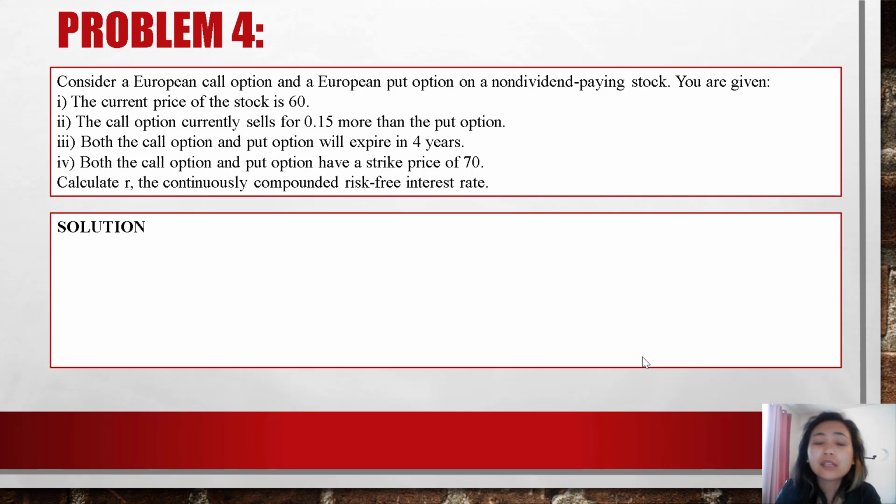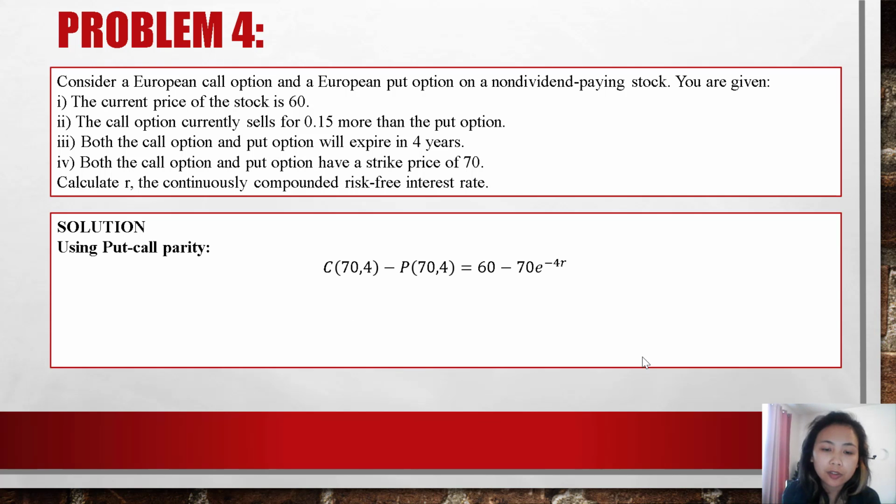So again, basically the section is all about put call parity. So using put call parity, we got C(70,4) minus P(70,4). That is the difference between the price of a call option and the put option with the same strike 70 and duration 4 years. This difference is equal to the current stock price 60 minus the present value of the strike.